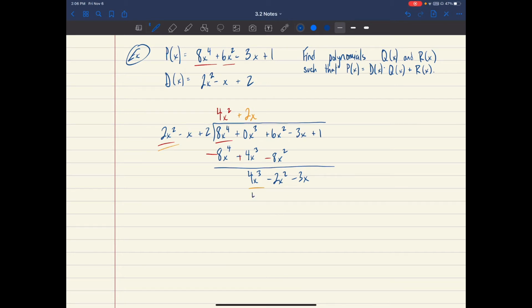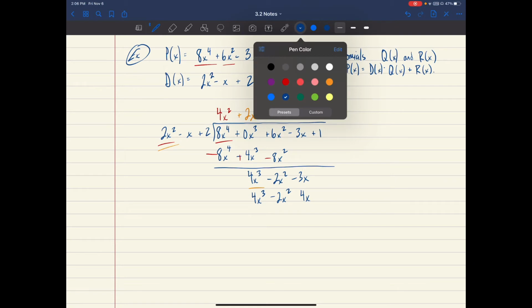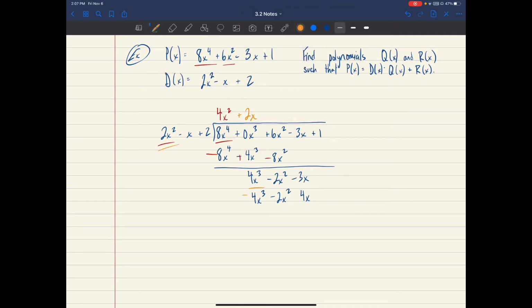So we would get 4x cubed. 2x times negative x is negative 2x squared. And 2x times 2 is 4x. Then we flip our signs. The cubes and the squares would cancel, and we would get negative 7x.